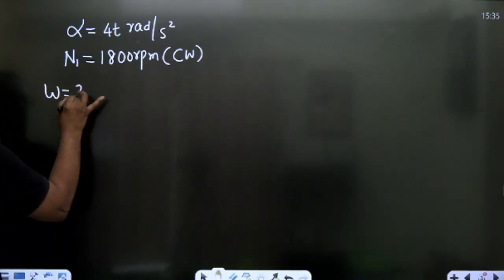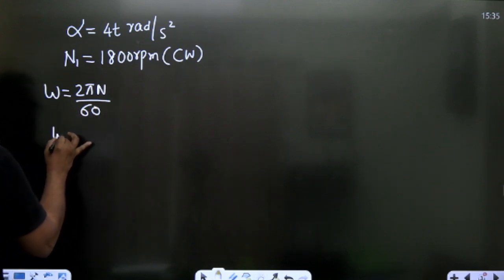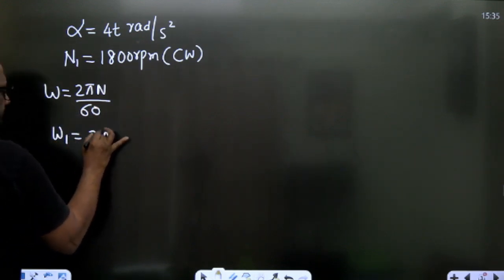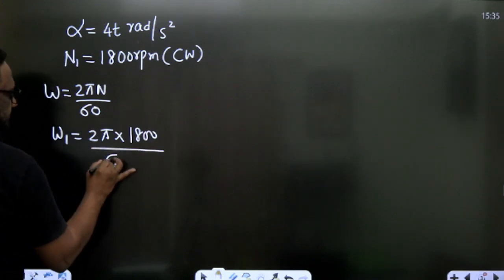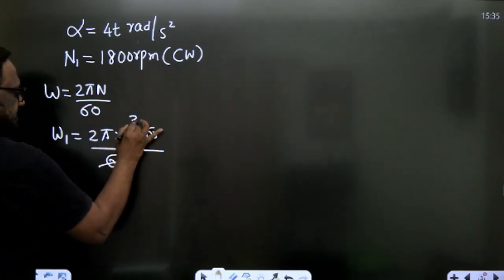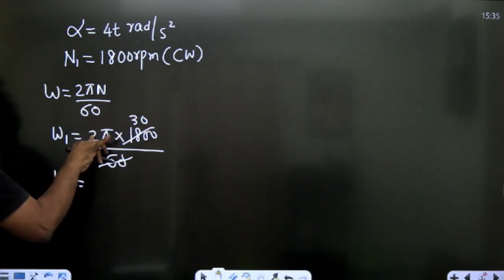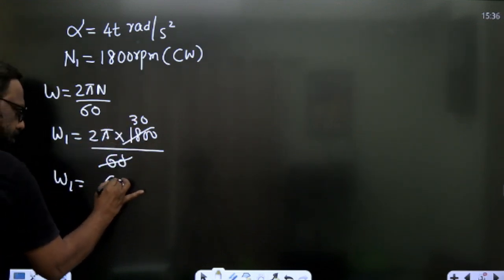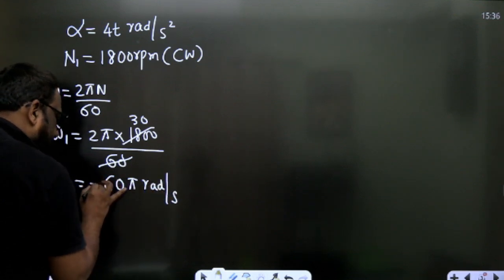Omega is 2 pi N by 60. So the initial speed is 2 pi N1, where N1 is 1800 by 60, which is 30. So omega 1 is 30 into 2, that is 60 pi radian per second. But I take it as minus.